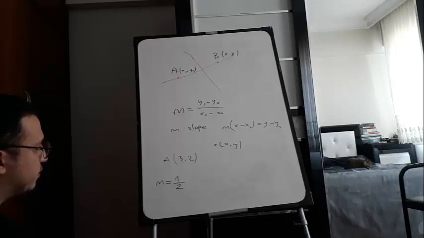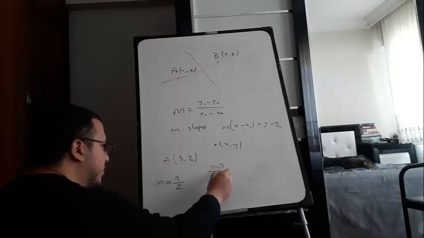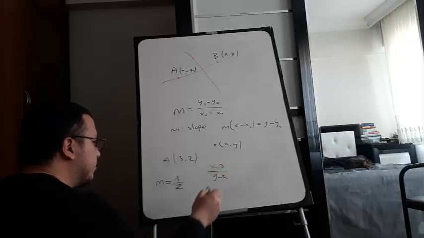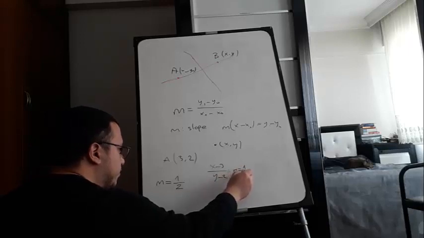Here we have to know the slope in order to calculate the equation of the line. x minus 3 divided by y minus 2 equals m, which equals 1/2.